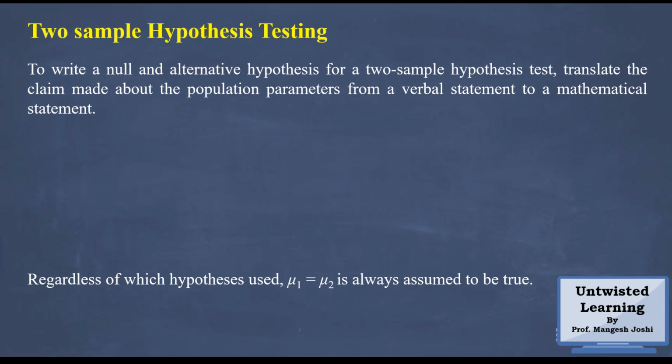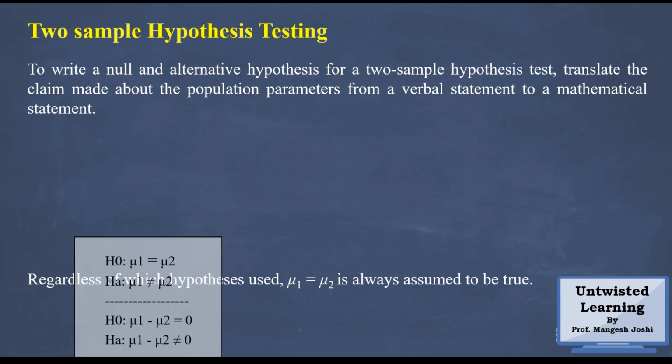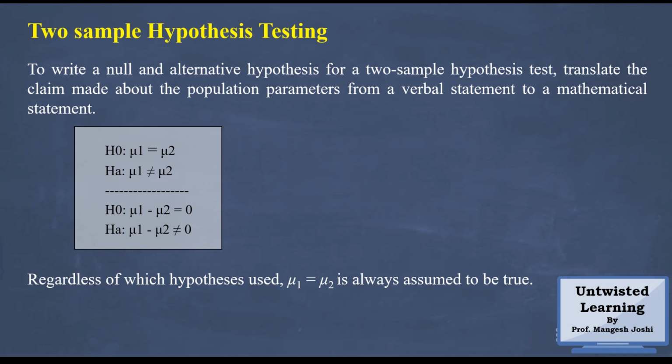To write a null and alternate hypothesis for a two sample hypothesis test, translate the claim made about the population parameters from a verbal statement to a mathematical statement. So you can see the null hypothesis is mu1 equals mu2.